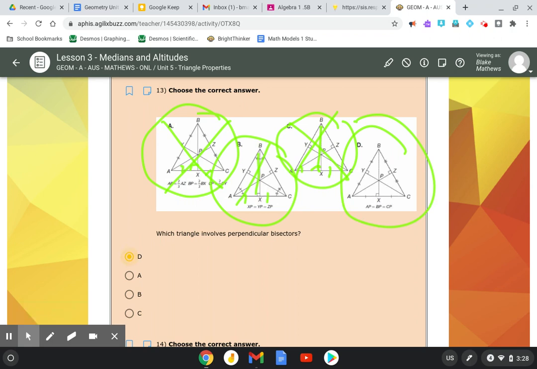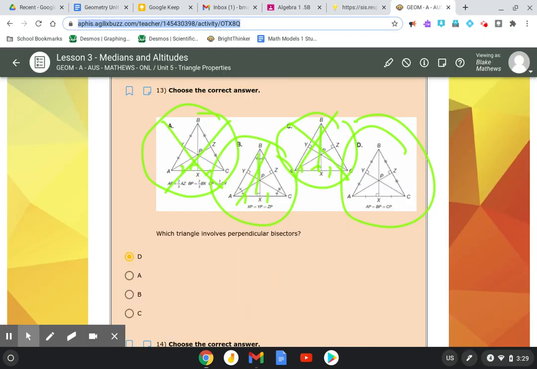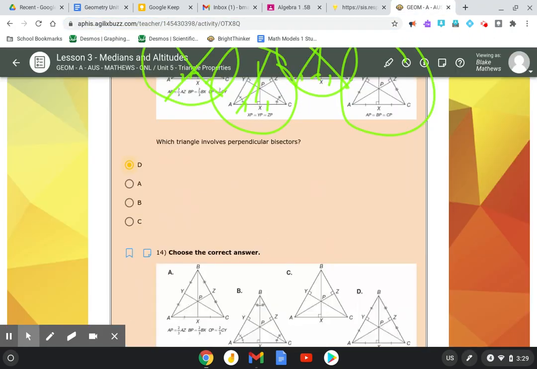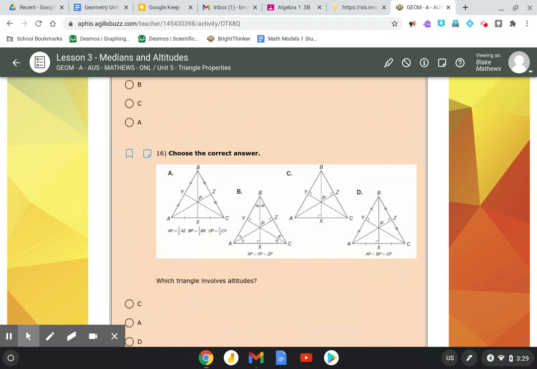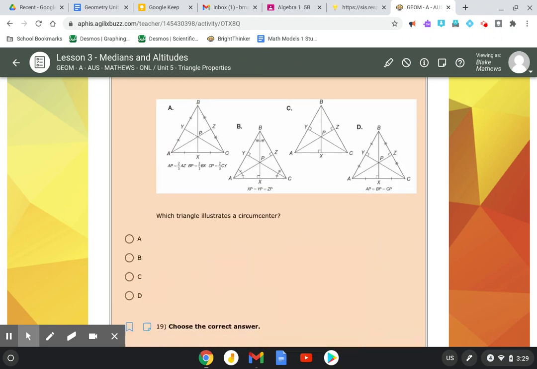Then D also refers to which of our 4 centers. Well, if I go back to my notes, I'll see that perpendicular bisectors correspond with the circumcenter. So then I would go down and back in my lesson, and I'd look for the question that asks about circumcenter. So I go down and I say, okay, angle bisectors, medians, altitudes, centroid, circumcenter.